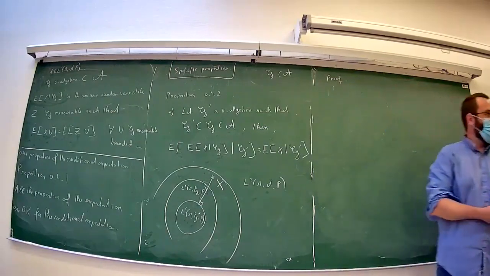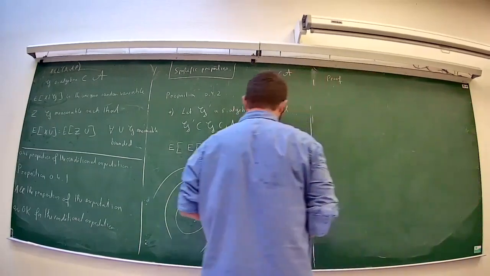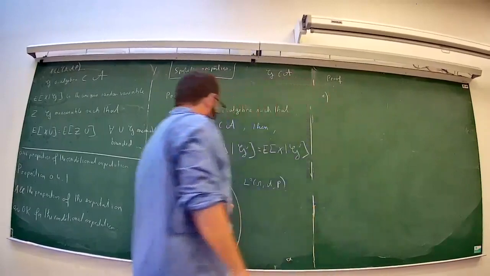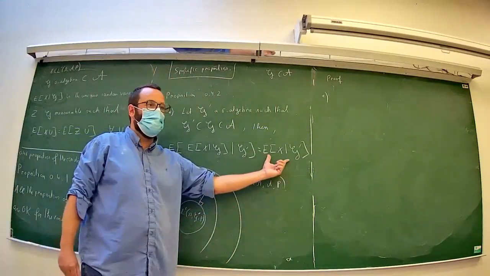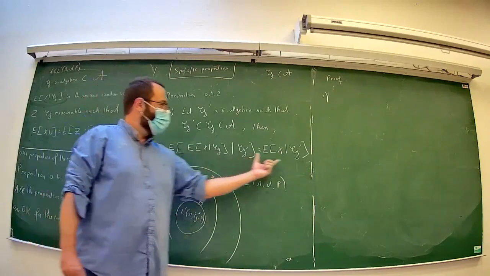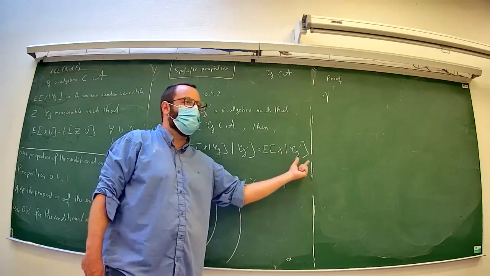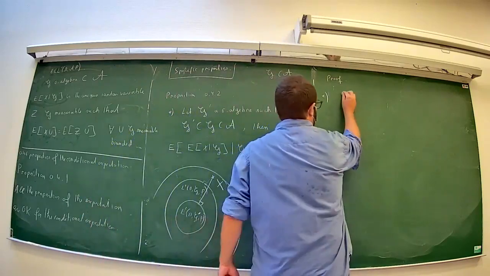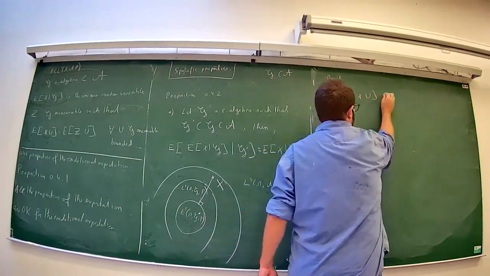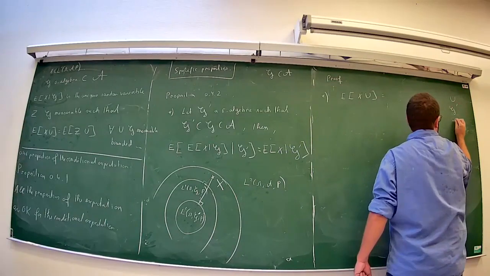So once again, we are going to come back to the definition here. I am interested in this one, and I want to prove that it is this one. Okay? So let's be interested in finding the conditional expectation of X given G prime. To do this, I consider the expectation of X times U with U that is G prime measurable.